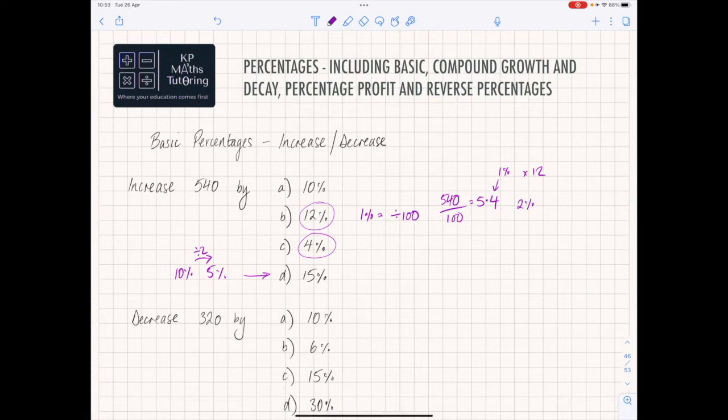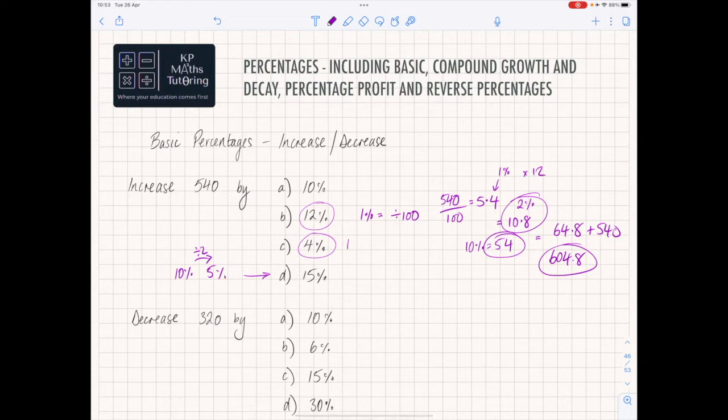So 2% would therefore be 10.8, and we already know that 10% is 54. So then you could do your 10% plus your 2%, and that would give you 12%. So 54 plus 10.8 would be 64.8, and then you would add that to 540, which would give you 604.8. So that's another way of doing it.